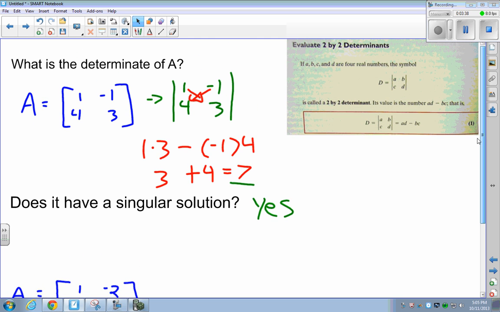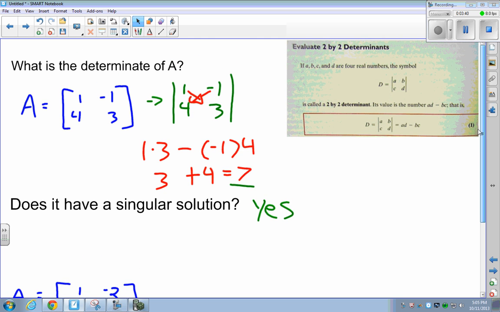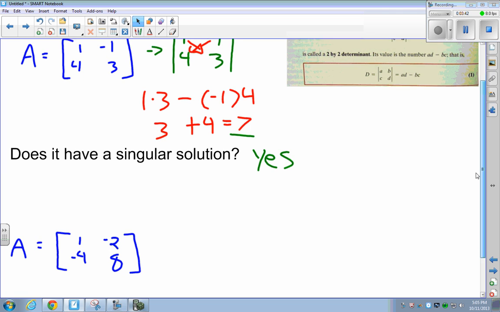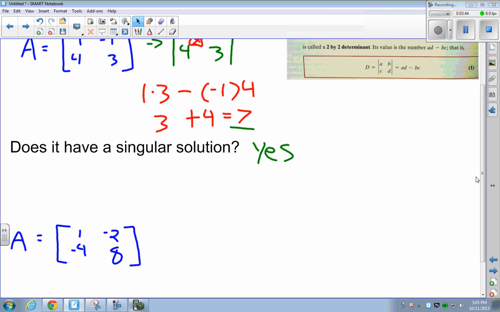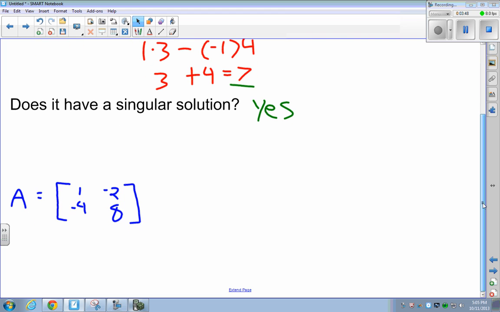Now what I mean by single solution here is that when we REF this matrix, we won't have zeros in our bottom row. But let's look at this matrix. So let's take the determinant of it.